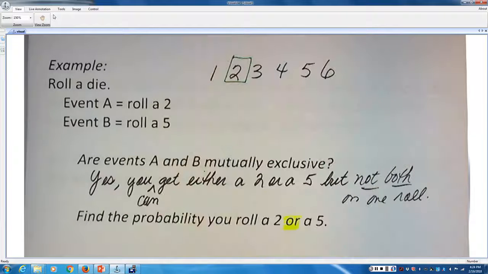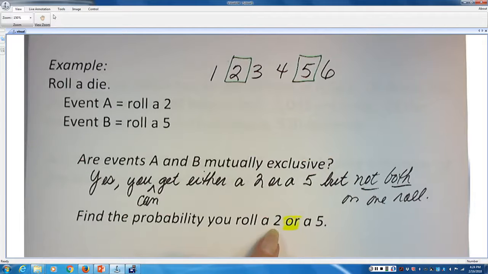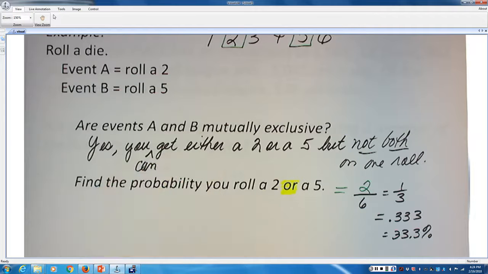How many ways can we get 5? So there's 2 ways we can have this happen, right? Two out of 6. And you can write that any of those 3 ways.